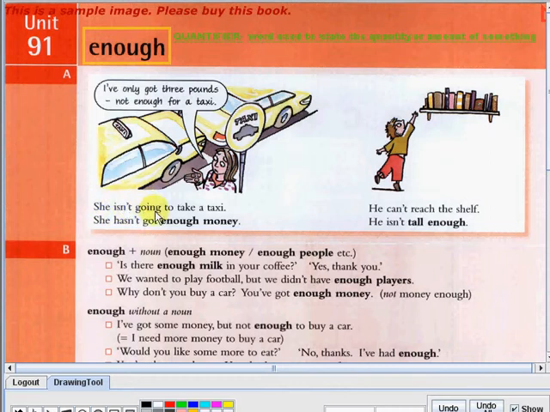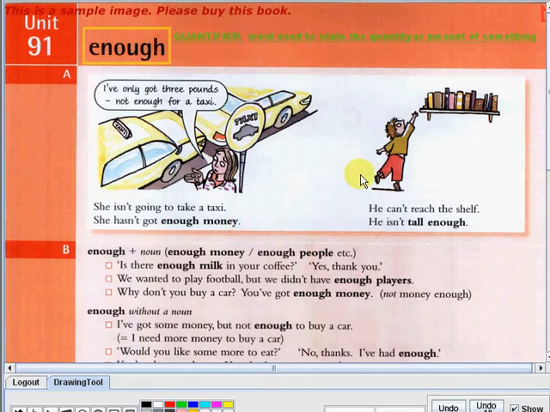She isn't going to take a taxi. She hasn't got enough money. So how much money does she have? She hasn't got enough money. So it quantifies the amount of money that the girl has.